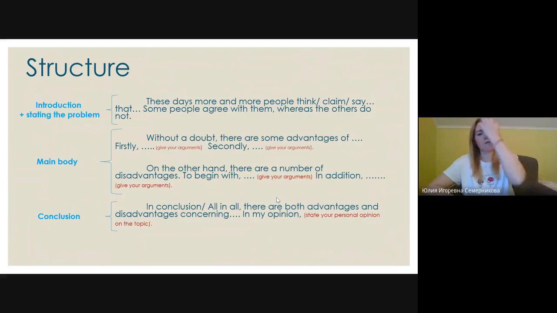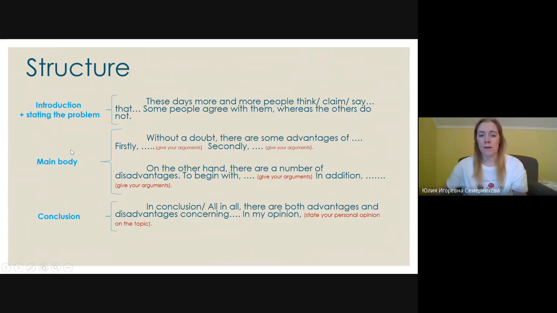Some people agree with them, whereas the others do not. Look here. I wrote do not. We don't use short forms. Мы не используем краткие формы. Мы не можем написать никак, кроме как do not.